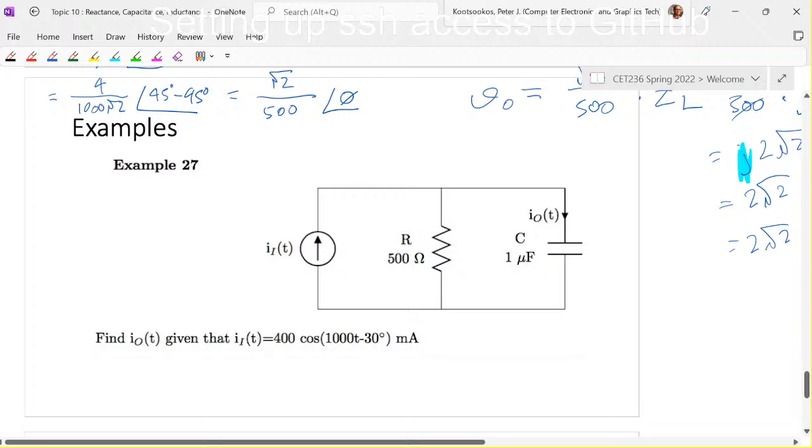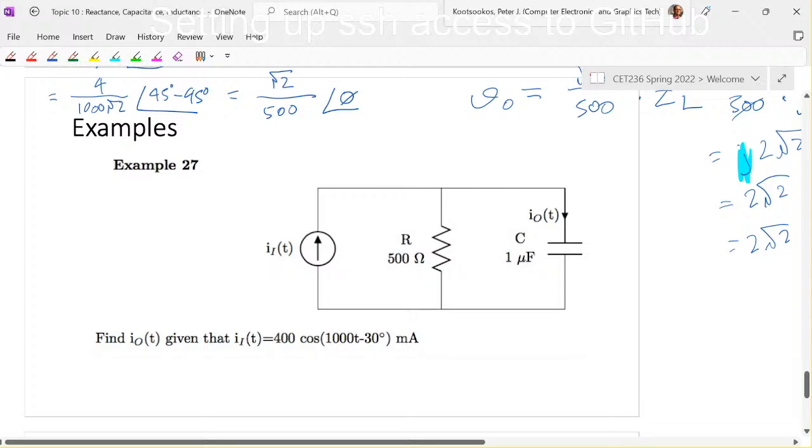We could find, first of all, the equivalent impedance of ZR in parallel with ZC, and then we could find the voltage drop across, right?